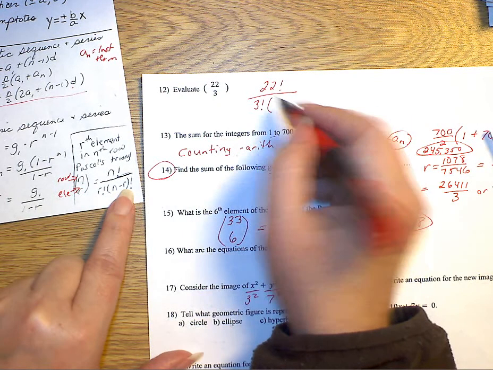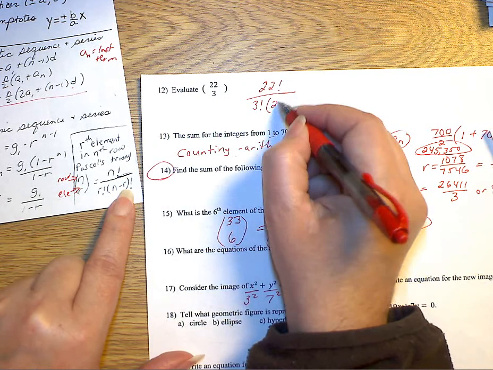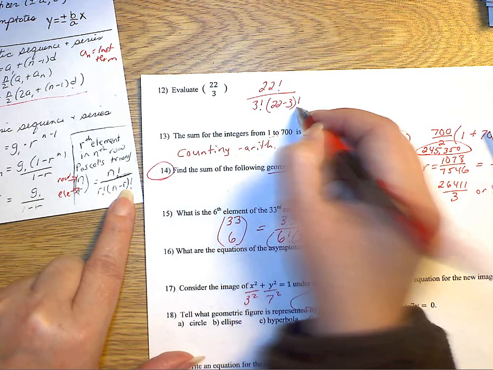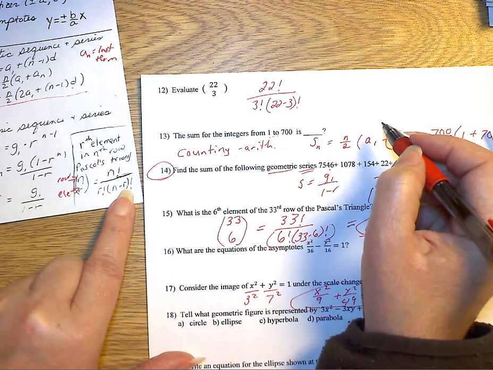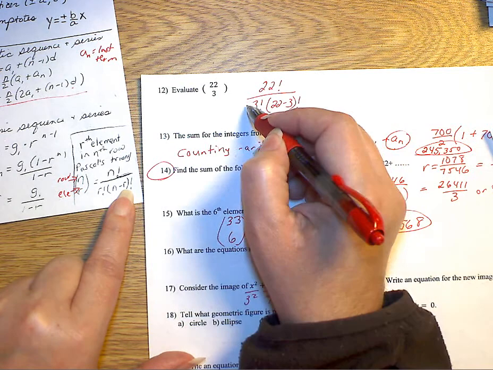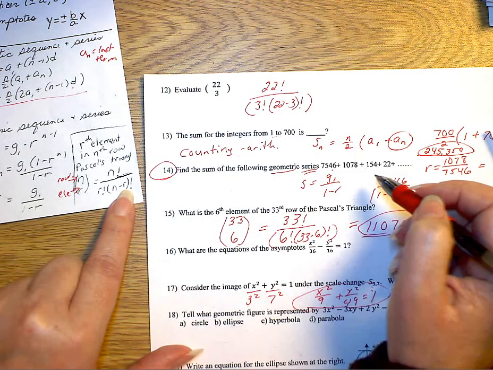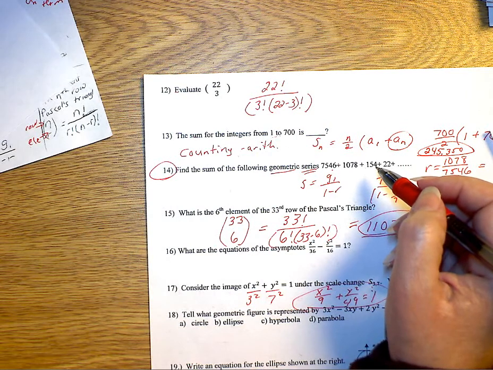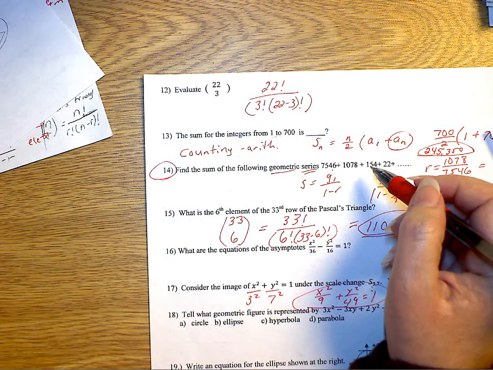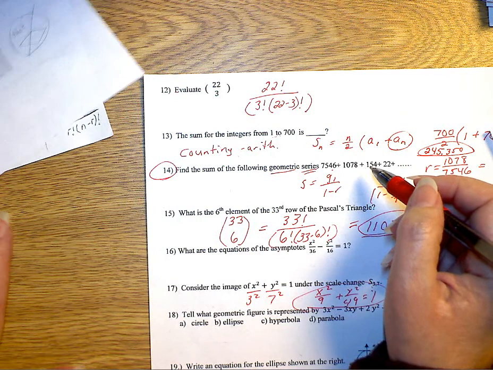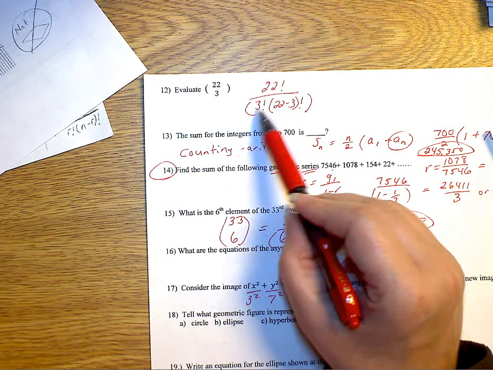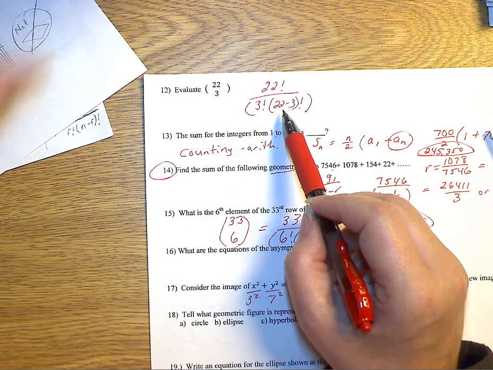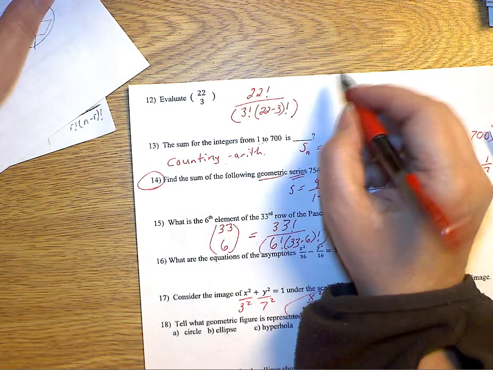So it's 22 minus 3 factorial. Again, put parentheses around there. If you don't put parentheses, you're not going to get the right answer. And I can guarantee you the answer without the parentheses is on your test. Make sure you put parentheses on there, because the right and wrong answer is there. And so the right answer to this is 1540.